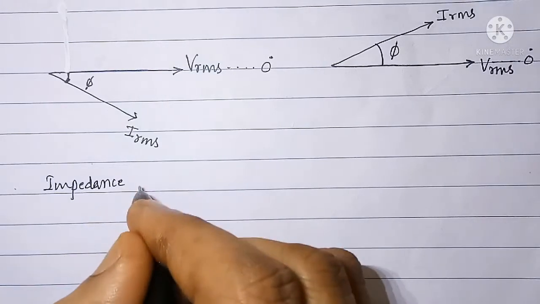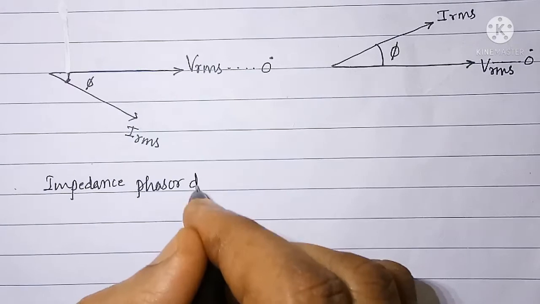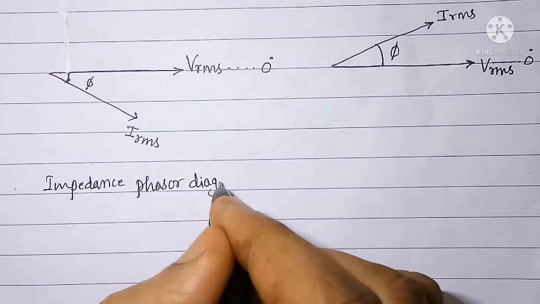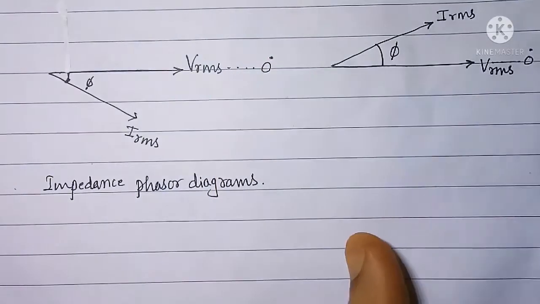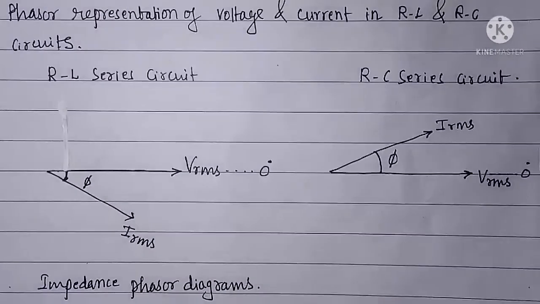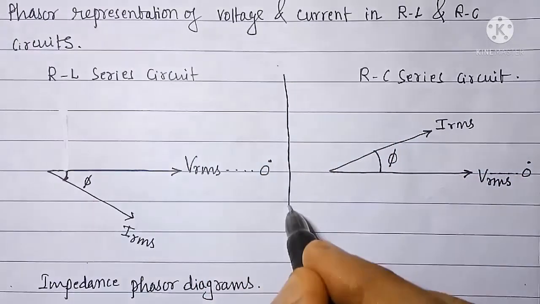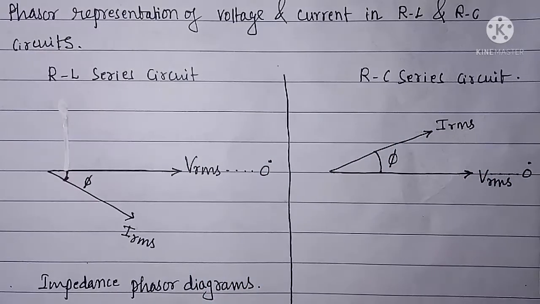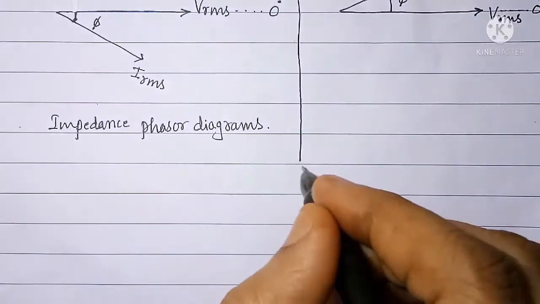Impedance phasor diagrams. We'll have here a line which divides capacitive circuit and inductive circuit.